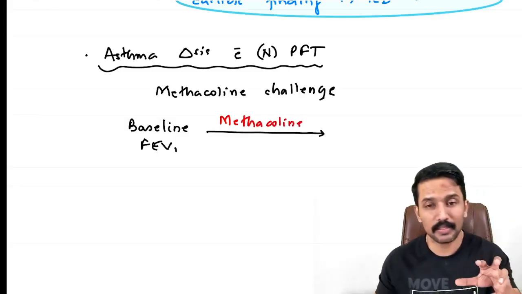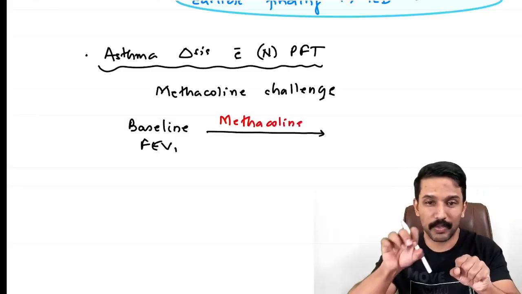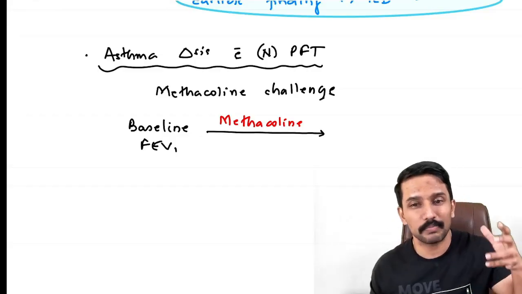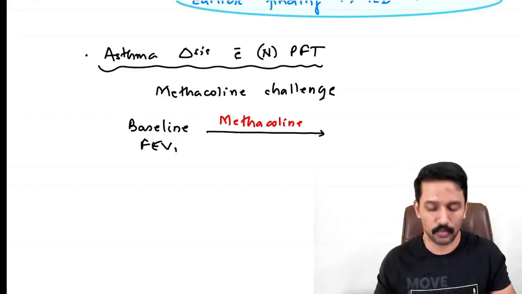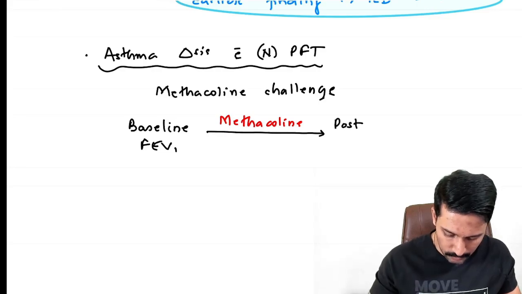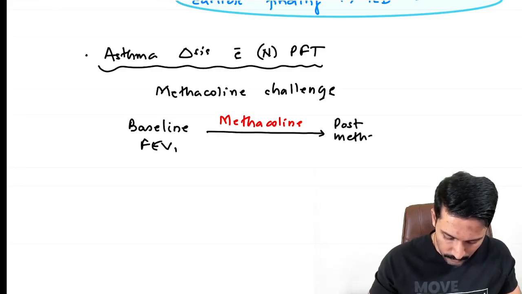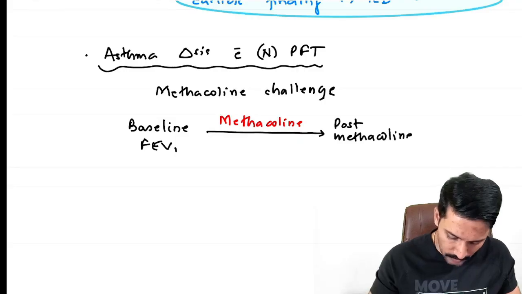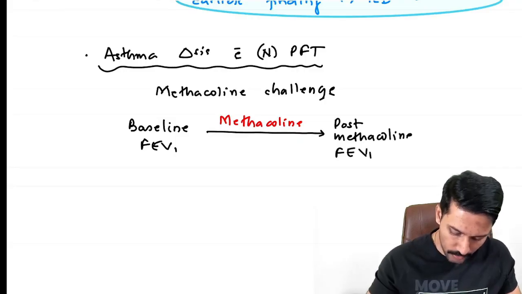Remember, the parasympathetic nervous system causes bronchoconstriction. Sympathetic causes dilatation. So methacholine is acetylcholine-like, so it causes bronchoconstriction. And then post-methacholine FEV1 is what we are looking at.